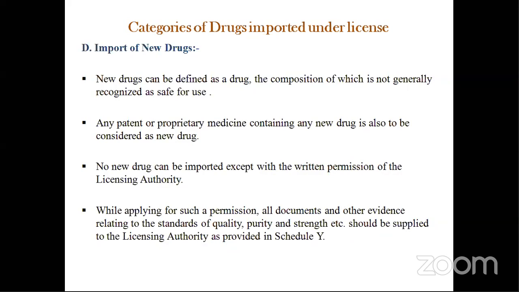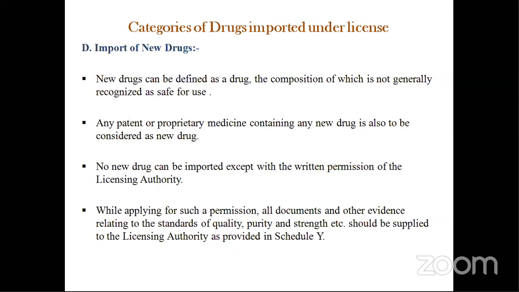So they get written permission from the licensing authority through some process. After getting the license, they apply to the importing countries for the drugs, showing that they have the eligibility for the license from the licensing authority under Schedule Y, and they send this confirmation to the importing countries for importing the new drugs.